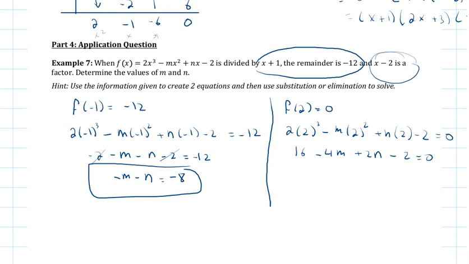So that's 8 times 2, that's 16 minus 4m plus 2n minus 2 equals 0. 16 minus 2, that's 14. Bring it over. So you have negative 4m plus 2n equals negative 14. And that's my second equation.